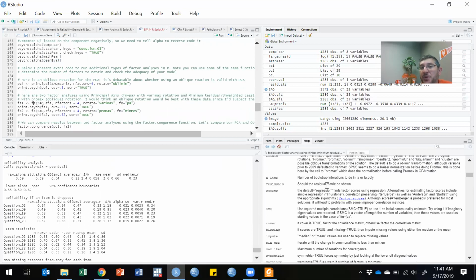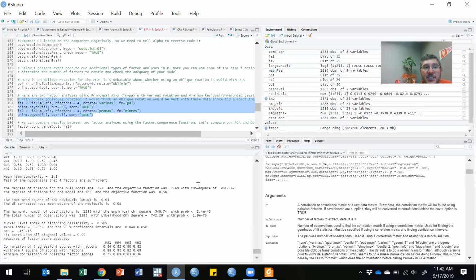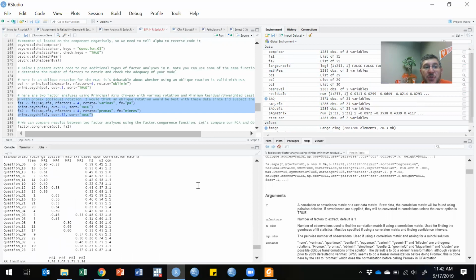You can see the help function here. Here's a principal component analysis using principal axis factors with the Varimax rotation. Here's one using the minimum residual, or unweighted least squares, with a Promax rotation. And you can get the simplified solutions here. They're basically aligning the same way.